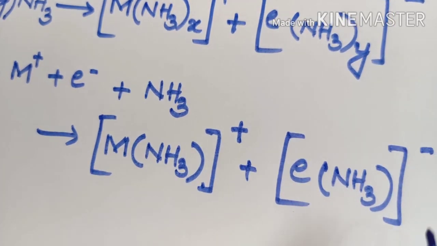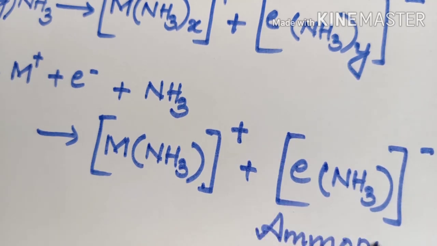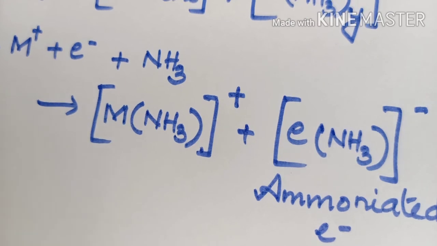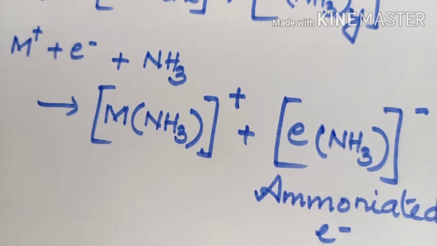This type of ion that is formed, or the electron that is formed, is known as the ammoniated electron. This ammoniated electron will absorb energy from the visible region of light and it appears blue in color.